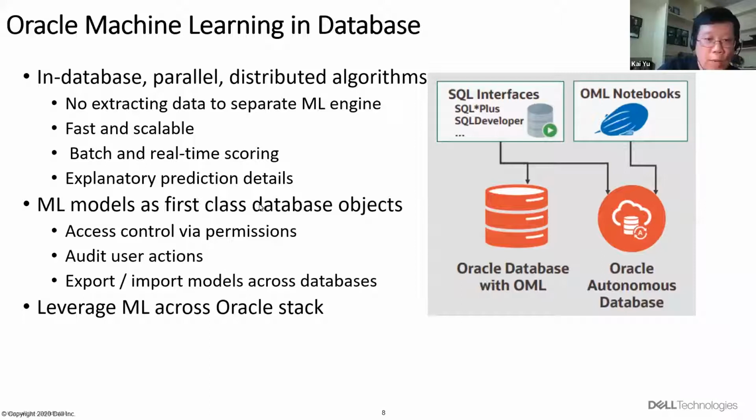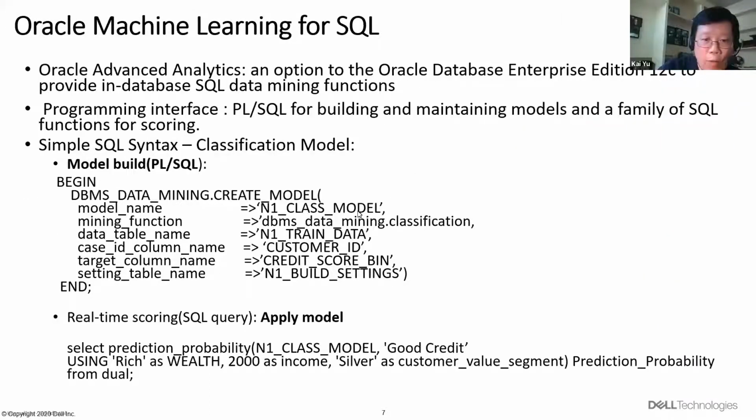That's how everything is based on SQL. In this case, the model itself, for example a classification model, is a table. Because it's a table, you can pass it in the select statement. So Oracle extended the SQL syntax to do machine learning.